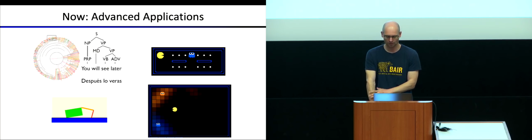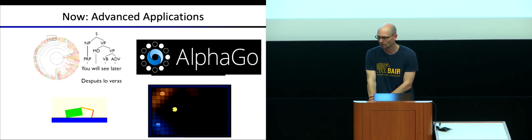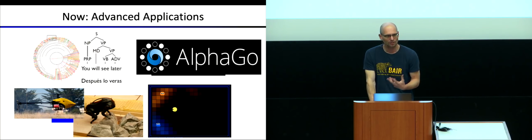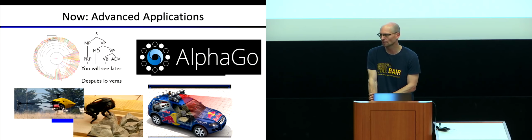So search is very prevalent in language processing, and we'll cover some of that on Thursday. Adversarial games, we'll look a bit more at AlphaGo, arguably the most prominent result in gameplay in the past few years. Learning to acquire behaviors, we'll look at some real robot behaviors in flight and in legged locomotion. And dealing with uncertainty, we'll look a bit at the current state of self-driving cars.